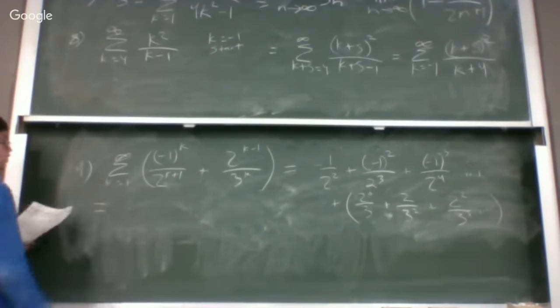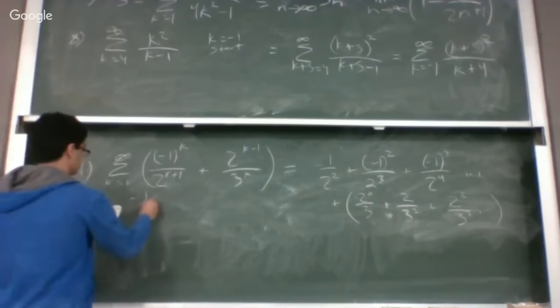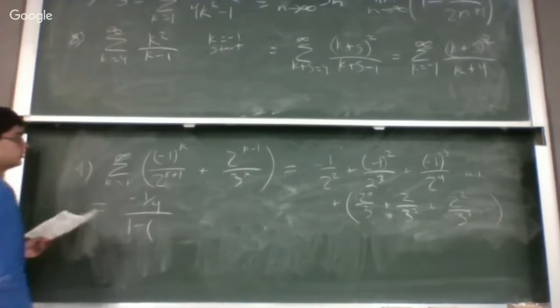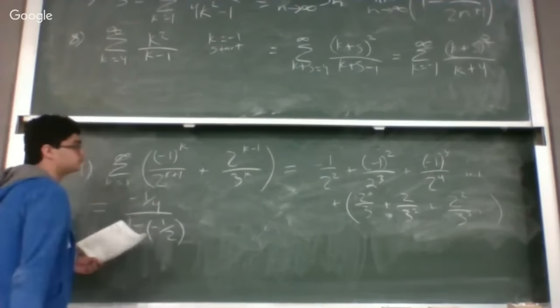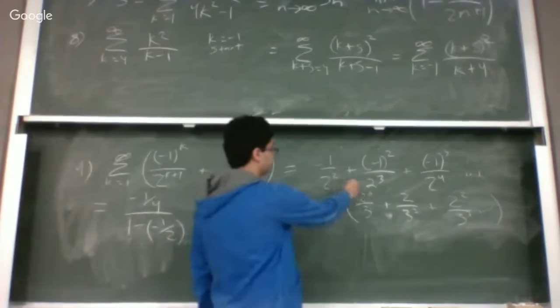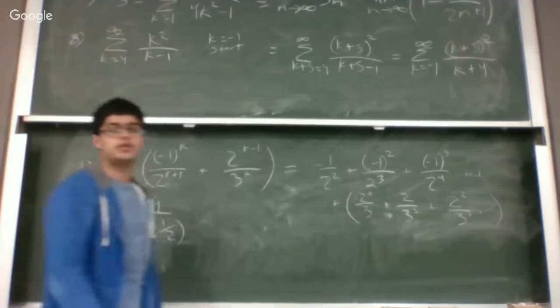So this is equal to the first term, negative 1/4, over 1 minus the R that we're multiplying by, which in this case is negative 1/2. Because if you go from the first to the second, we're multiplying by a 2 in the denominator and a negative 1 in the numerator.